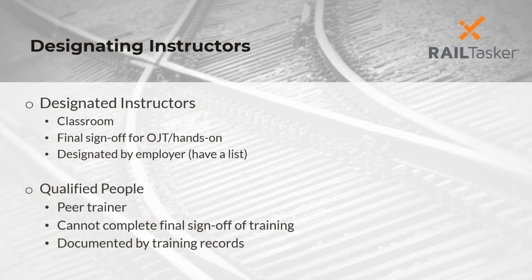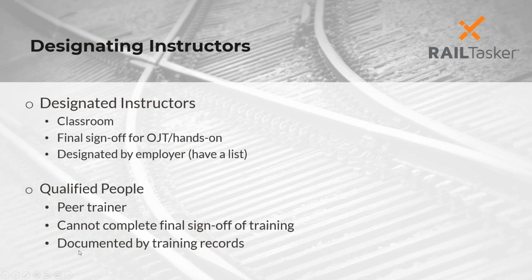I like to use conductors as an example. You have a conductor trainee working with a peer trainer, another conductor, on another crew, and that conductor is going to evaluate the trainee over the course of the day or shift on some of the tasks that were performed. But then you have a train master, DSLE, who falls under the bucket of designated instructor that will do the final sign off.